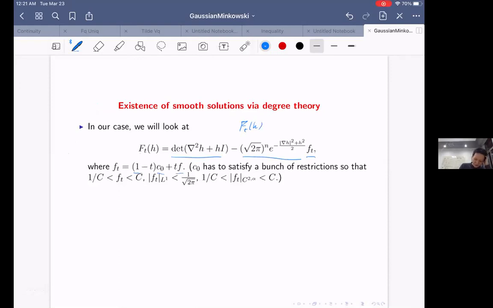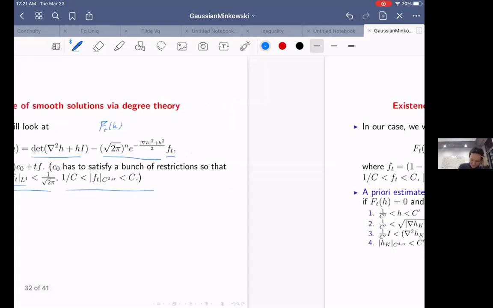We can choose C_0 to satisfy that F_t always satisfies these conditions. It is easy to achieve because of the convexity of the norms, right?